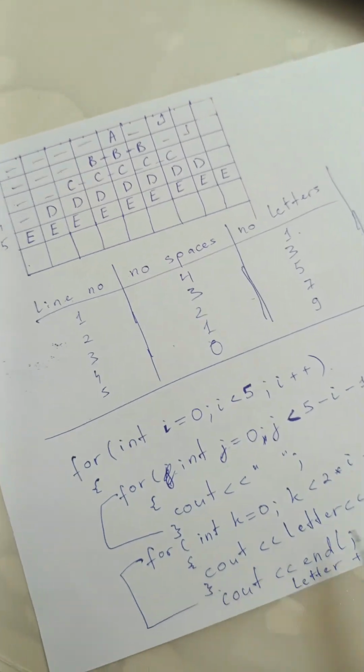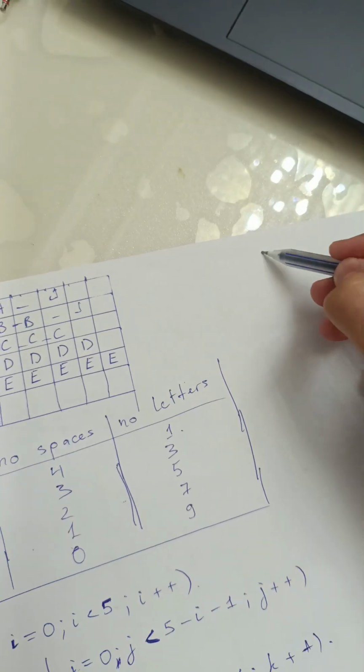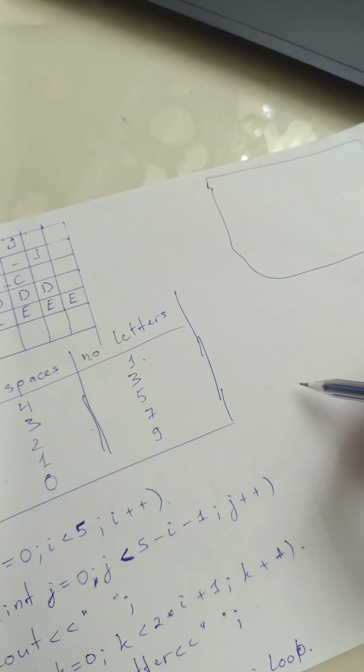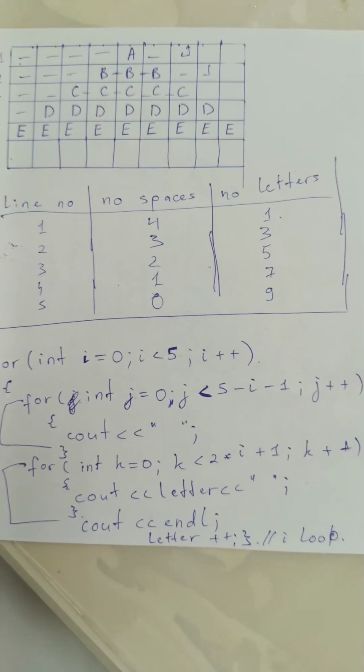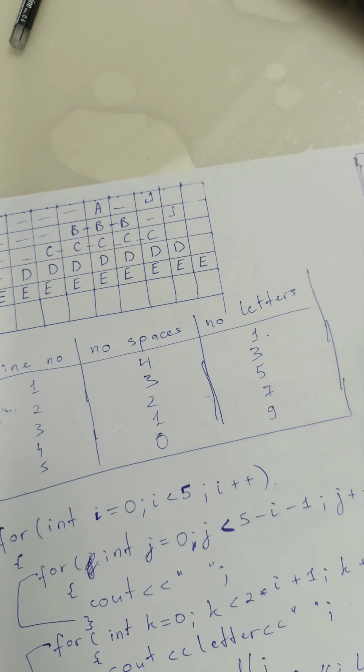So I think my program is ready. Now let's see the trace table and output of my program. This will be my output. So we finished the program, so let's check whether it works or not.